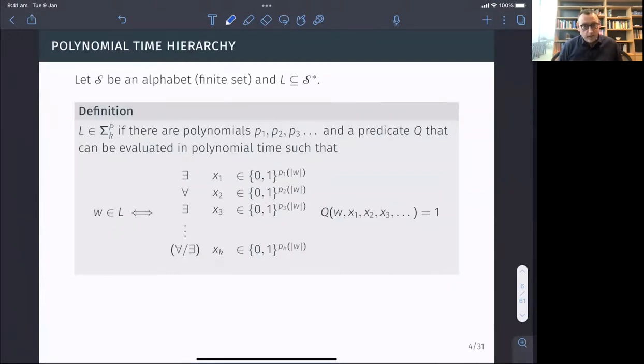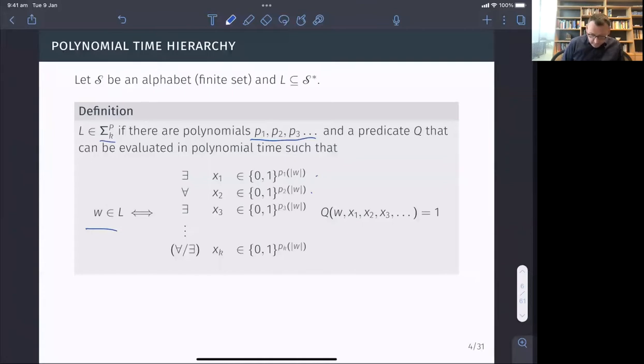So here's the definition. You've got a language over an alphabet, and you're in this strange class sigma KP if there's a bunch of polynomials up to K and a predicate that can be evaluated in polynomial time, so that something is in the language if and only if there exists one verifying thing, then you're allowed to do more. Then you're allowed for all some second thing of polynomial size.